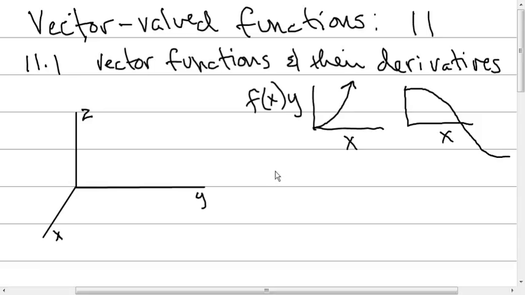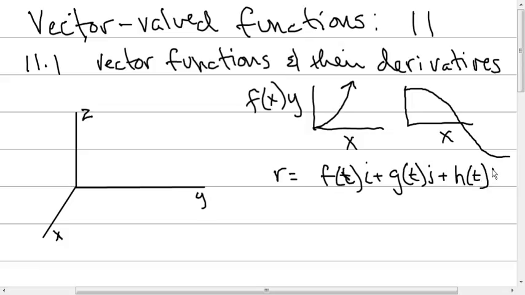So imagine a vector little r, equal to, where the x component is something like f of t, multiplied by i, plus another scalar function, g of t, times j, plus h of t times k.